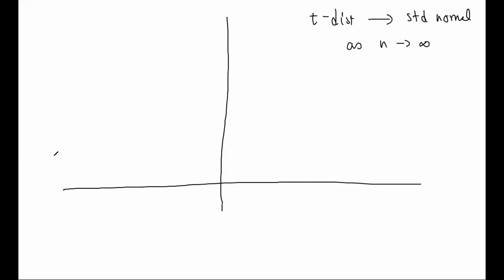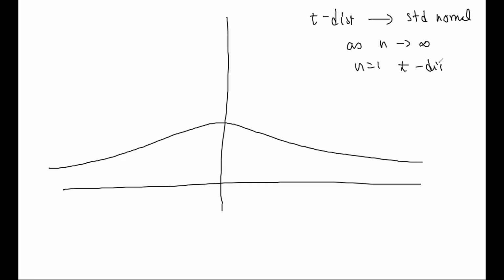But at n equals 1, it's really very flat. Actually, when n is equal to 1, your T distribution is a Cauchy distribution. You can check that its density will equal to this, n equals 1.